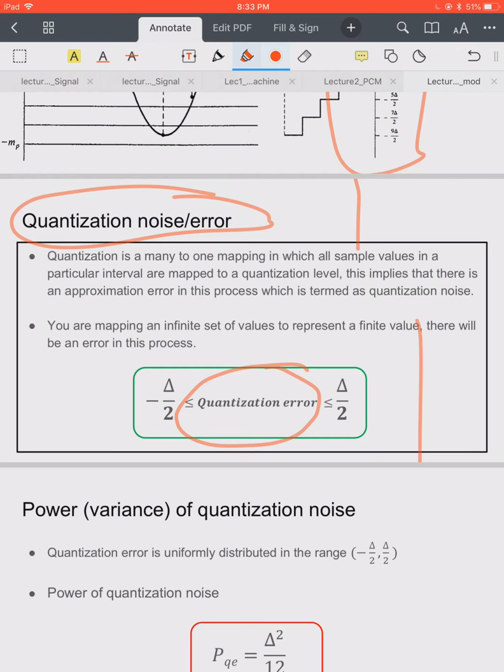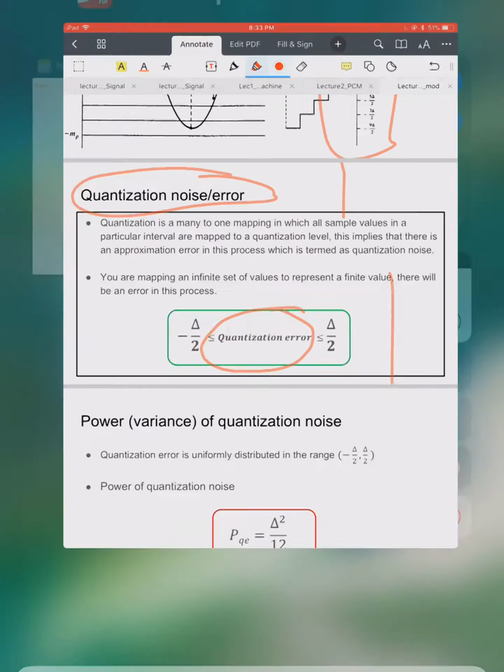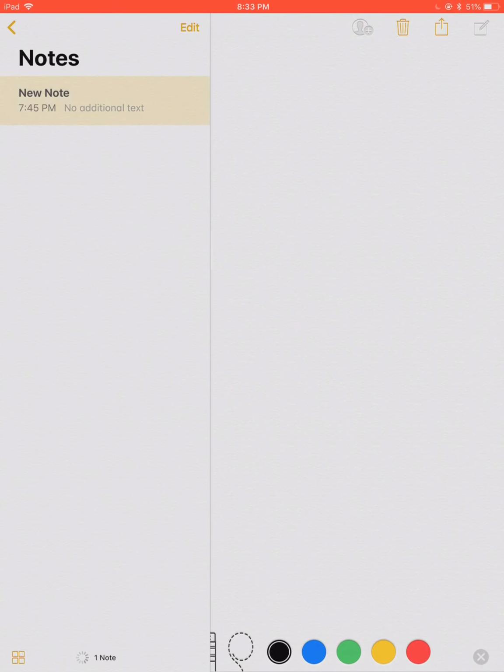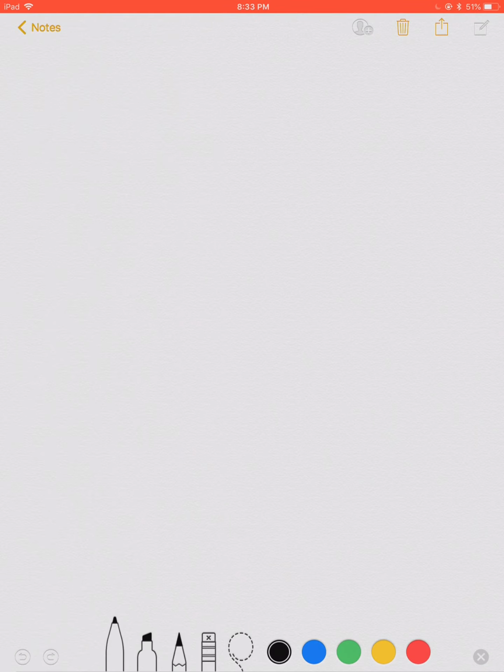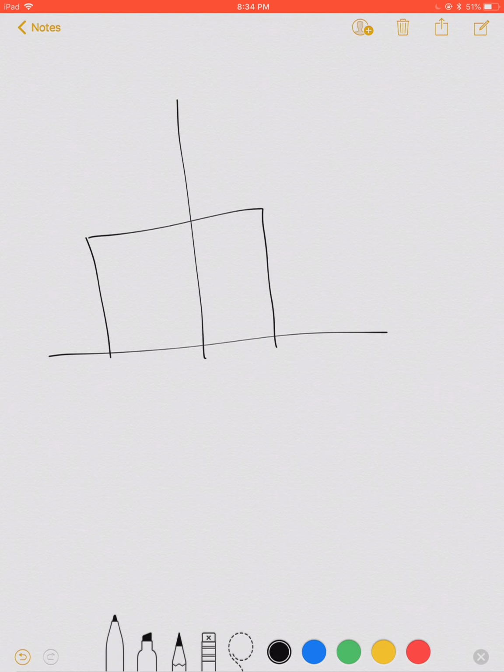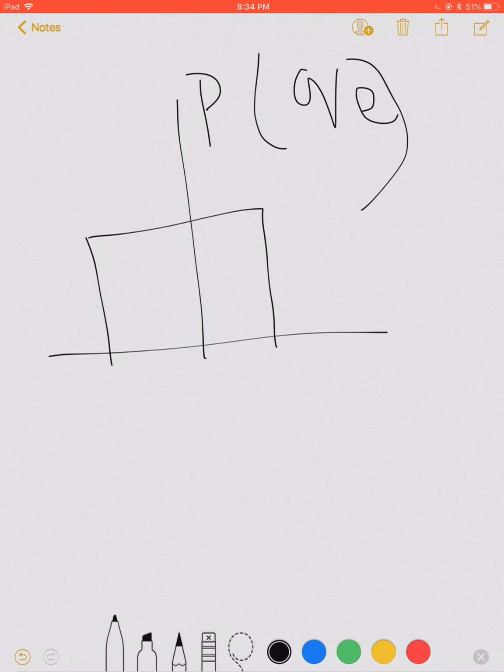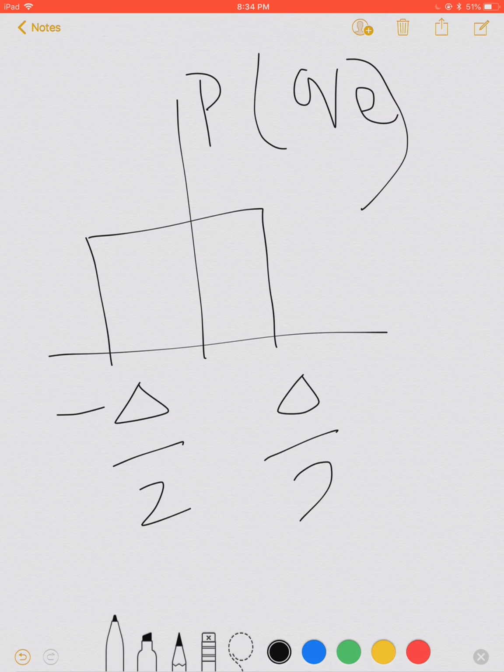So now, the distribution of this quantization error. Suppose this is my quantization error; its distribution will be between minus delta by 2 to delta by 2, uniformly distributed.